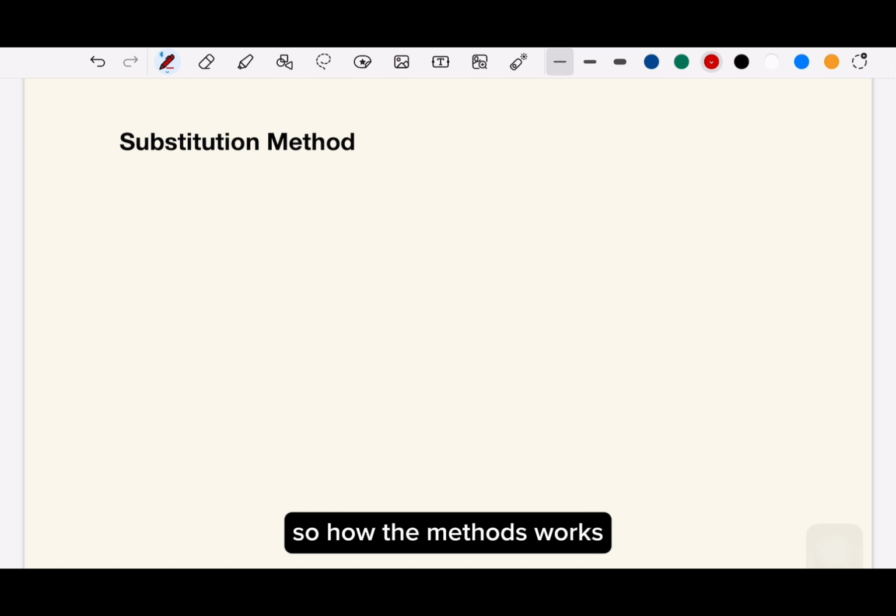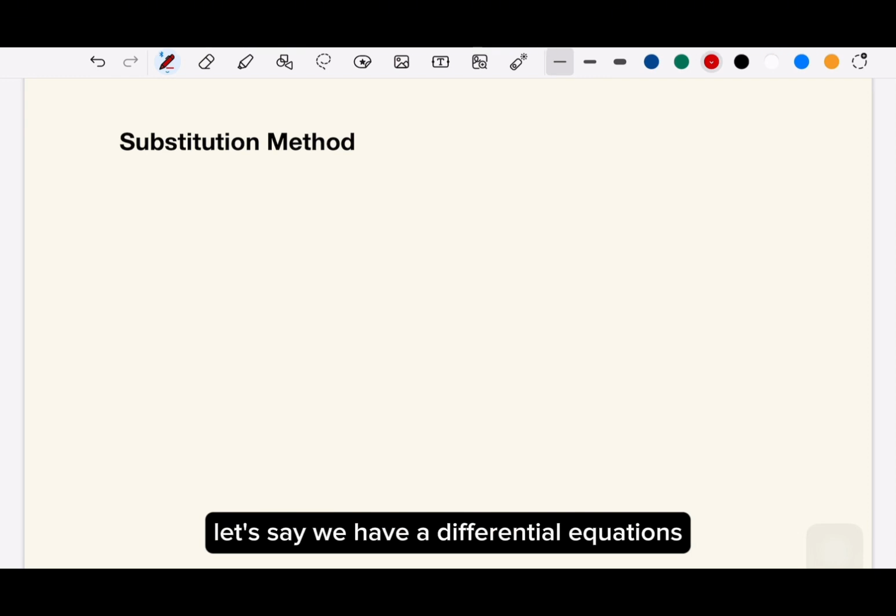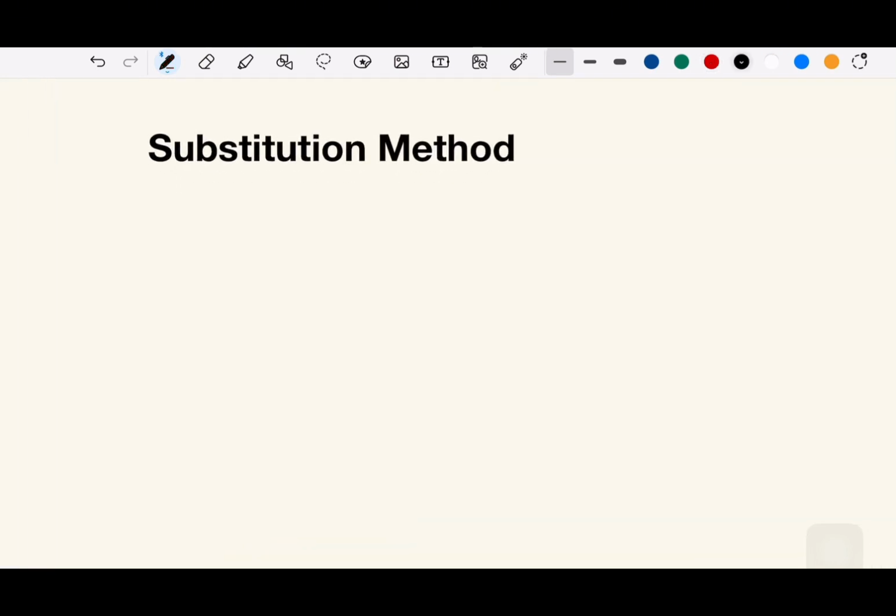So how does the method work? First, let's say we have a differential equation.